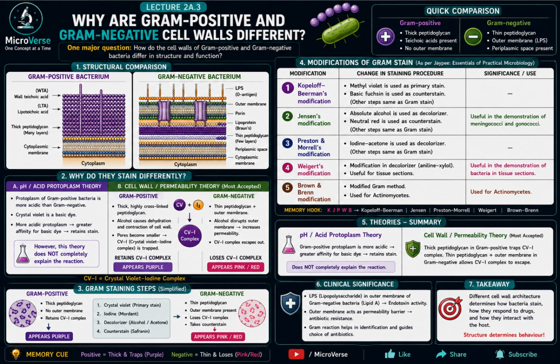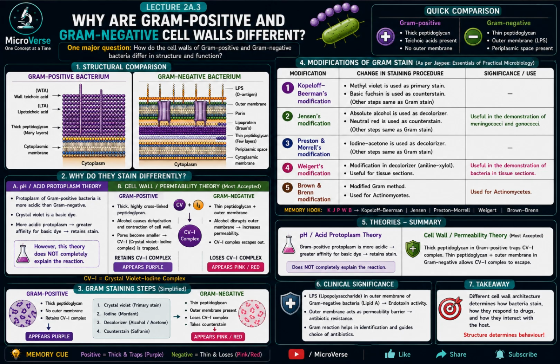So here is the bigger message. Cell wall structure determines not only how bacteria stain, but also how they interact with the drugs and the human body.